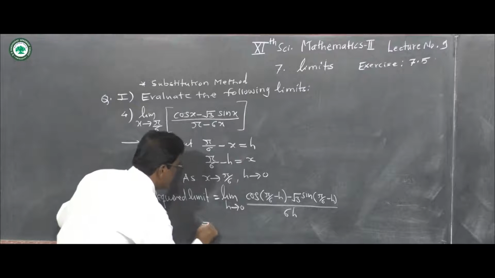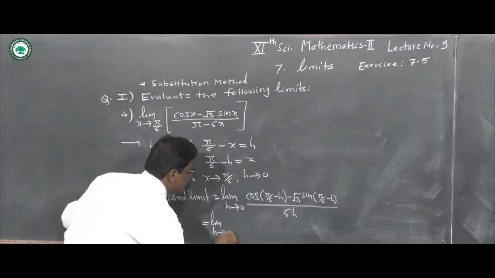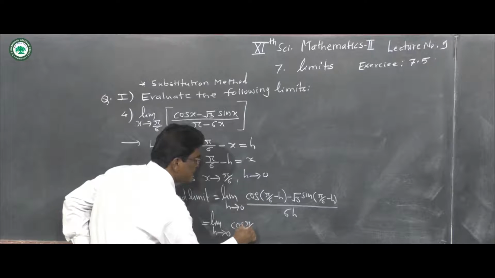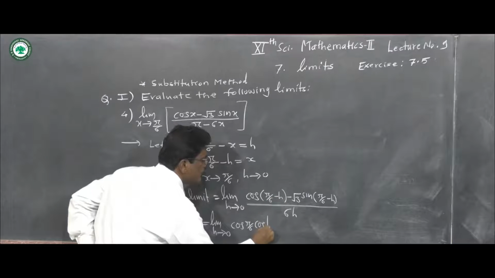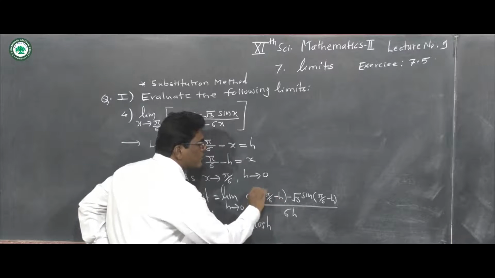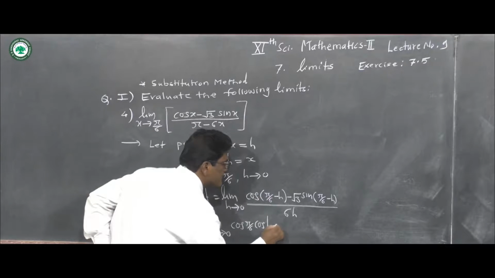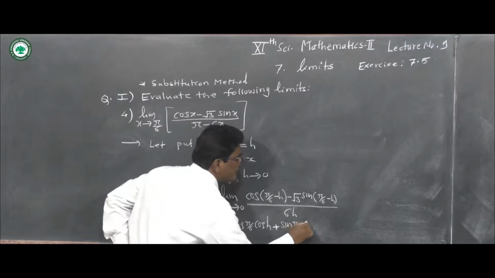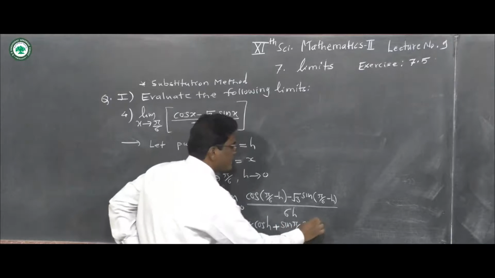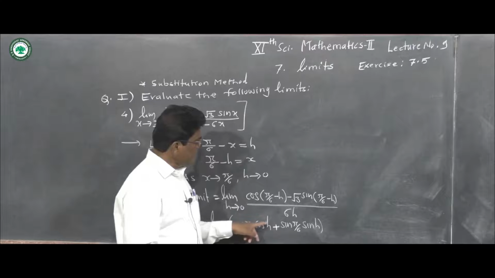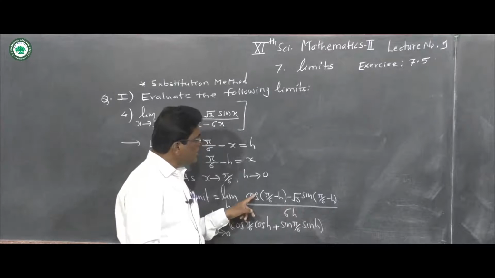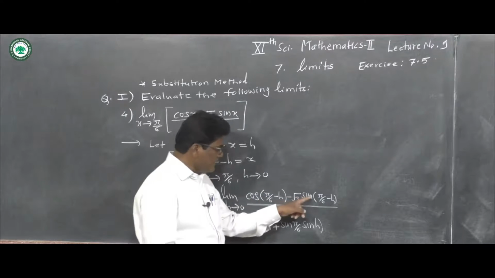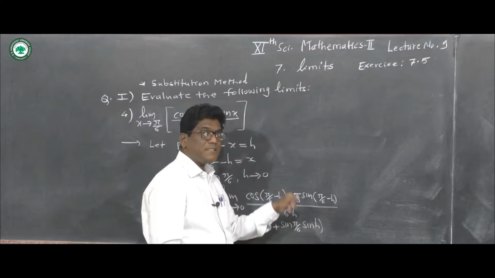So this is equal to limit as h tends to 0. Use here cos a minus b, that is cos A means pi by 6, cos B means here H. Now in cos we cross the sign, here minus, take plus, sin A sin B, that is sin of pi by 6, and sin B, that is sin H. This is the formula for cos A minus B: cos A cos B plus sin A sin B. In the cos formula the sign crosses, but in sin, minus stays minus and plus stays plus, the same sign.